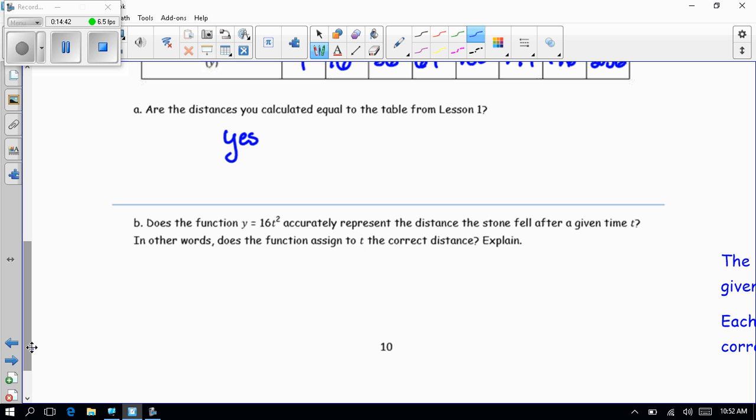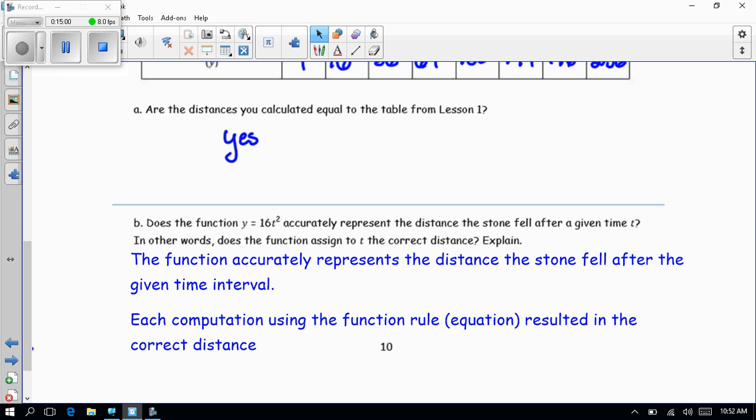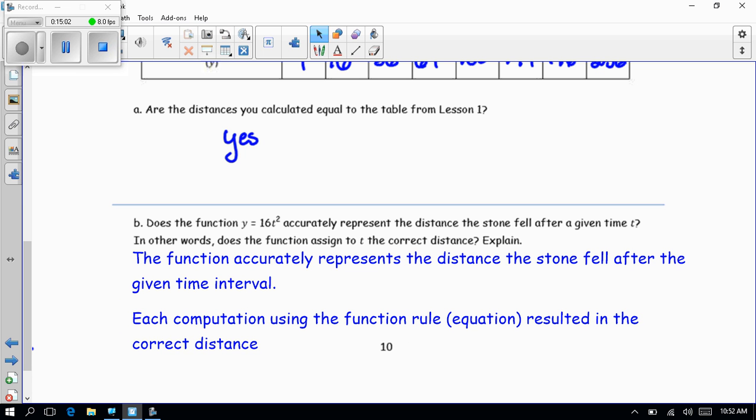So, does the function y equals 16t to the second power accurately represent the distance the stone fell over a given time t? In other words, does the function assign t the correct distance? Explain. I will say the function accurately represents the distance the stone fell over the given time interval. Each computation using the function rule or equation resulted in the correct distance.